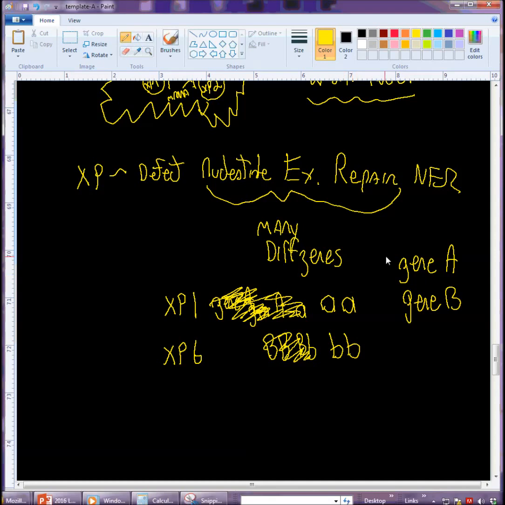Let's say gene A is involved with recognizing damage. So it recognizes the damage. And gene B is involved with, say, recruiting repair proteins.